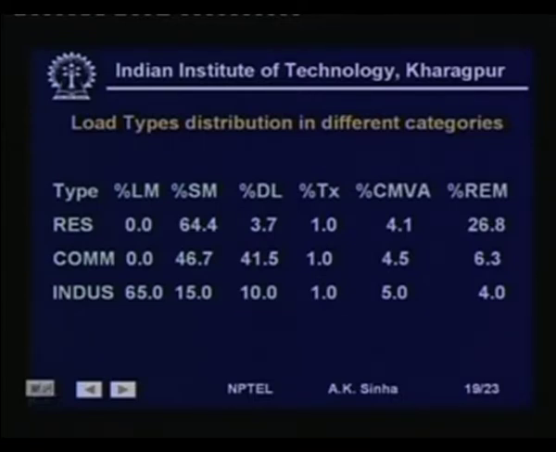So, if we know that out of the total load at the substation, say 30% is residential, 40% is commercial, and 30% is industrial, then using this division of different types of loading, we can form a composite percentage of different types of loads, and using this we can make a composite model for the load at the bus bar or at the substation.